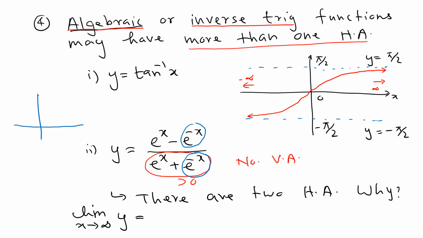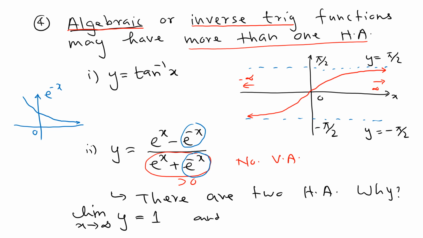What happens when x goes to infinity? It passes through 1 and becomes 0, getting closer and closer to 0. Because of that, those e to the negative x terms get cancelled out, they are neglected. So you only get e to the x over e to the x, which means the limit is simply 1.